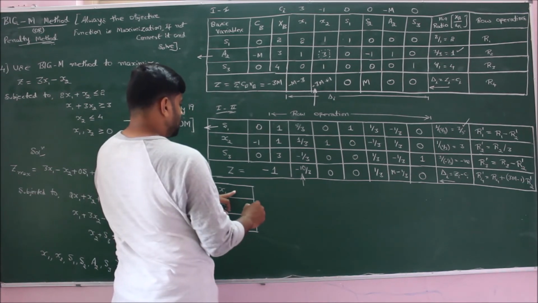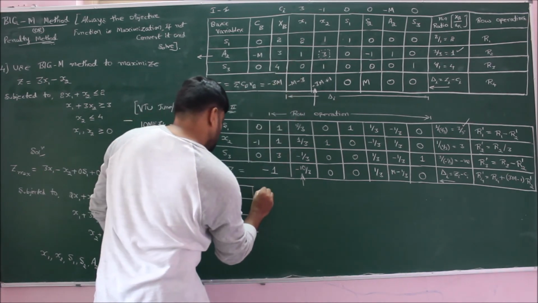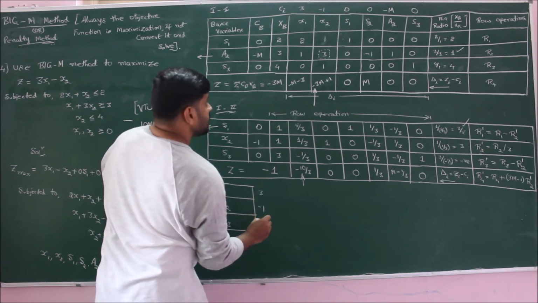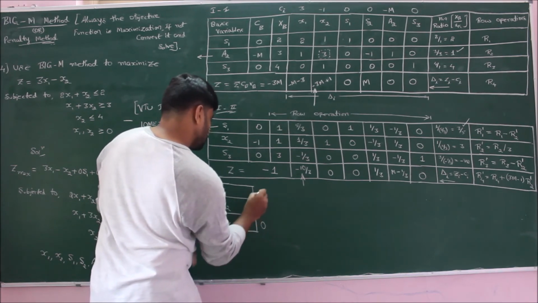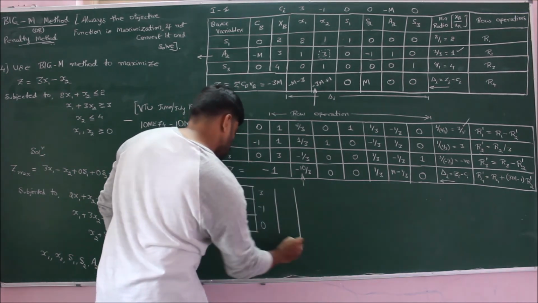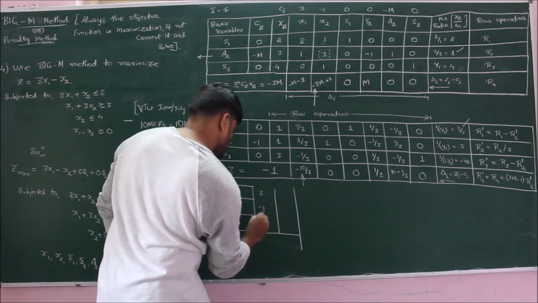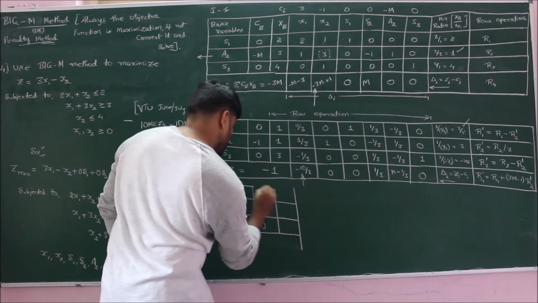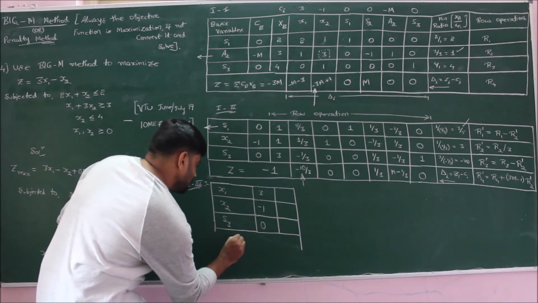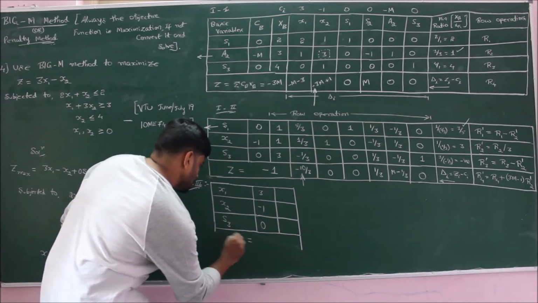Coming for the coefficients, the coefficient of X1 is 3, X2 is -1 and S3 is 0. I should calculate the value of Z through row operation. Let us do that.